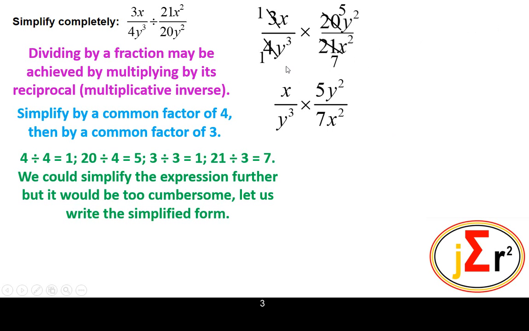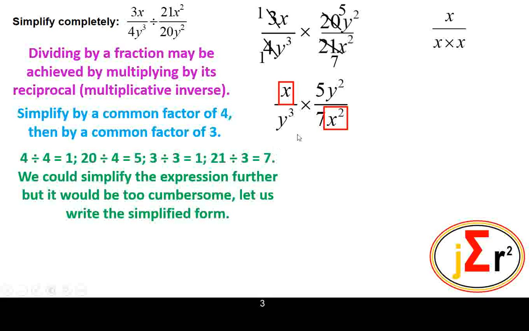The y cubed is not affected. A factor of 7 is taken from the 21, and the x squared is not affected. Now we will continue the simplification of the expression.